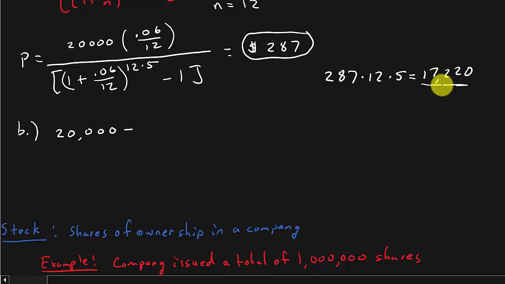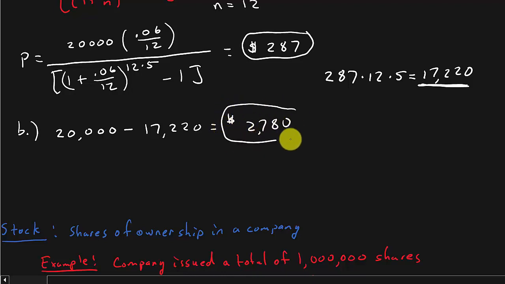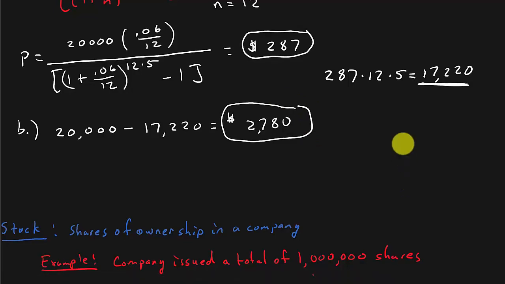This is the amount of money that we actually put in, but with the interest and everything, we ended up with $20,000. So we subtract the $17,220, and that gives us $2,780. Okay? So you save $2,780 in 5 years.